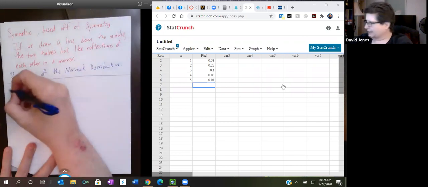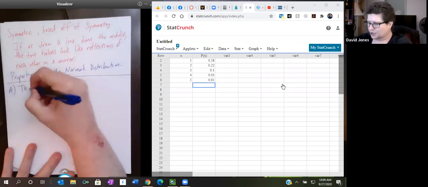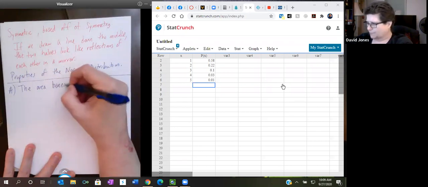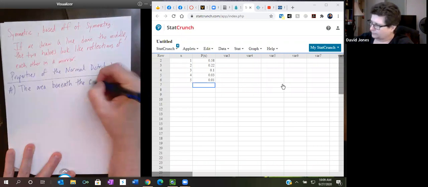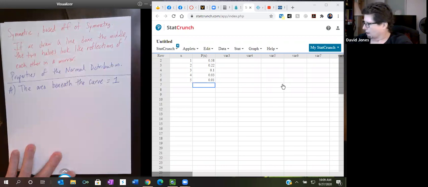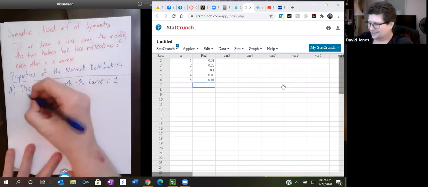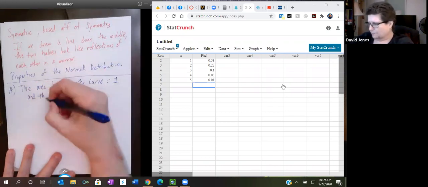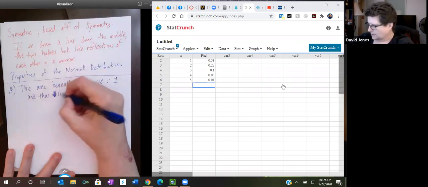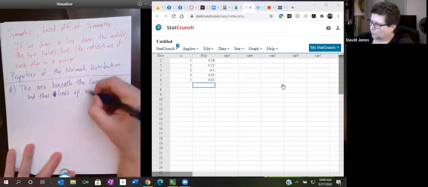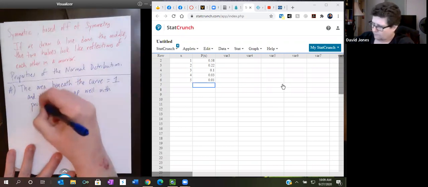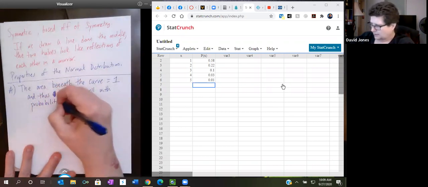The first property is the area underneath the curve, or beneath the curve, equals 1. And thus lines up with proportion or probability models.